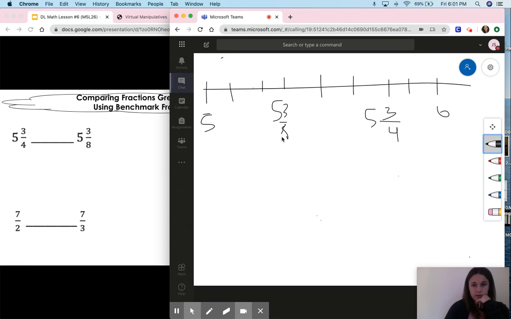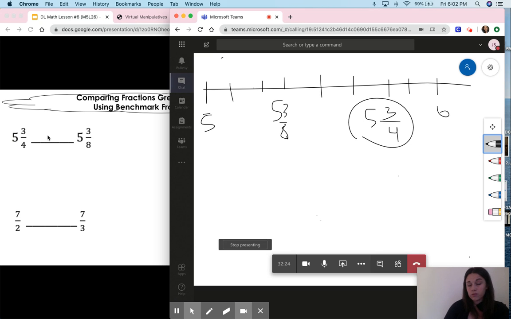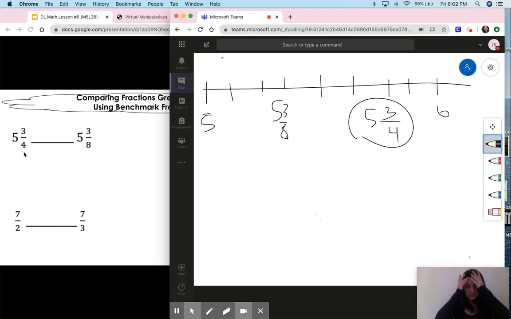And we can very easily see now which one is bigger. 5 3/4 is bigger. Maybe in your head you already knew that because you were like, well, 4ths are bigger chunks than 8s. So if I have 3 bigger chunks, that fraction will be bigger than having 3 of those smaller chunks.